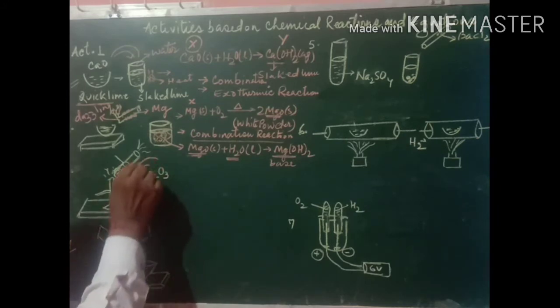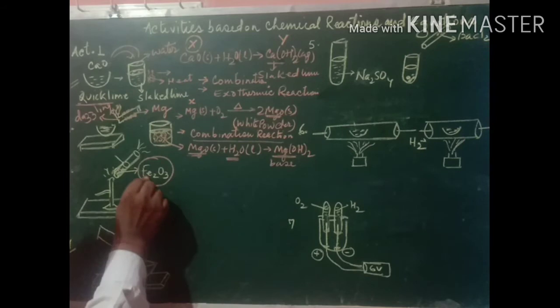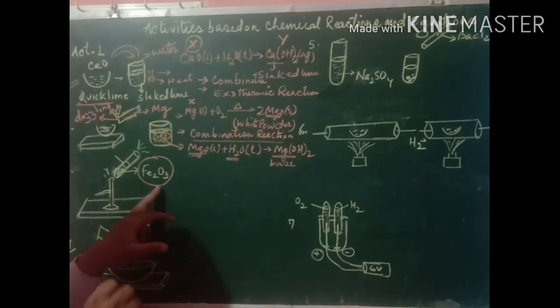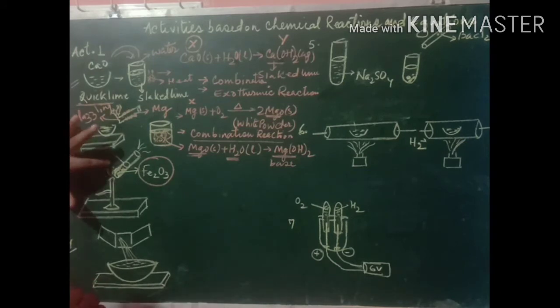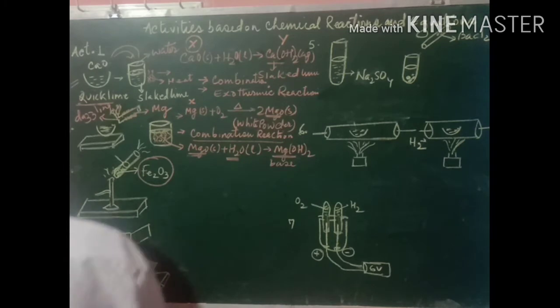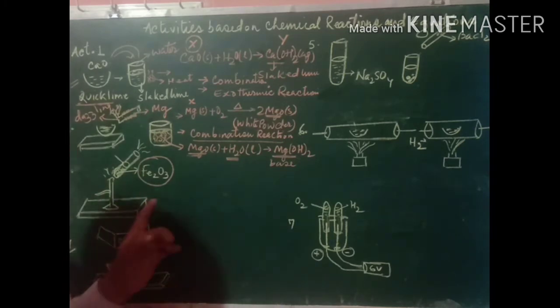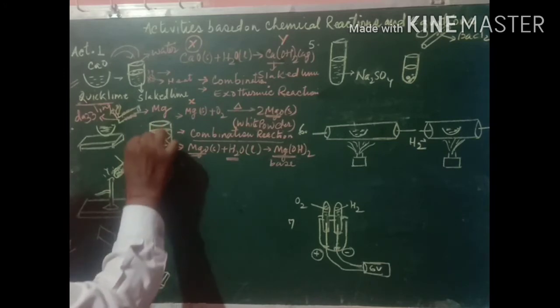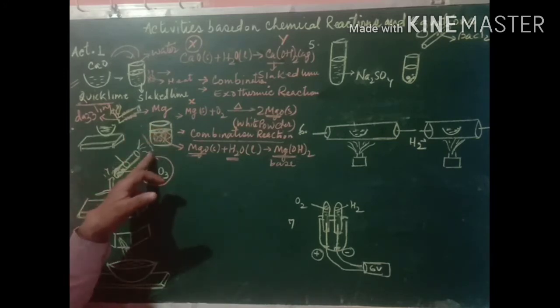Next, when 2 or 3 grams of FeSO4 is taken and heated, some light and gases are produced there. These gases are pungent.